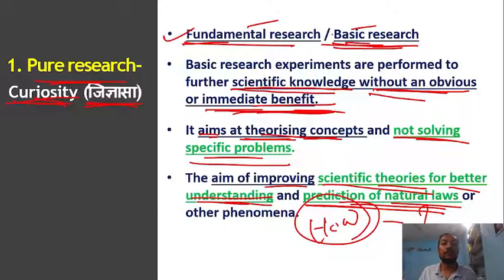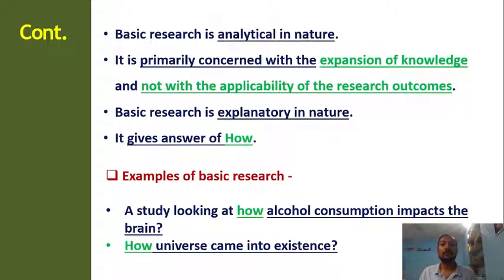This is without any immediate solutions or benefits, and it's the seeking of knowledge. You need knowledge; that's why you are doing this study. It's not solution oriented, it's knowledge oriented. You want to know much more about that concept. Example given: the law of gravity and so on. Hope you are getting my points. Now see, this research is analytical.